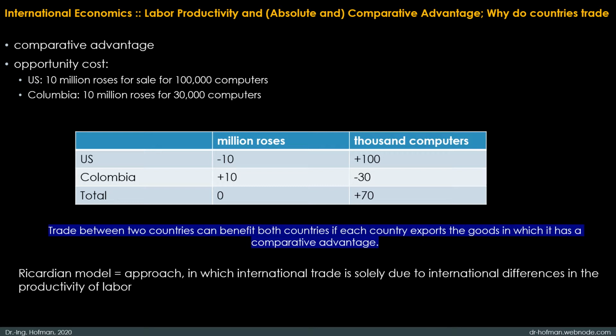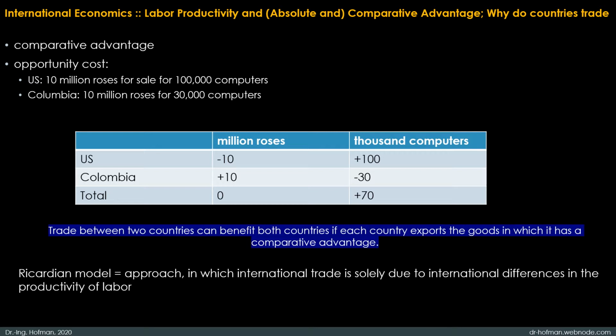Those 10 million Valentine's Day roses could instead have been grown in Colombia. It seems extremely likely that the opportunity cost of these roses in terms of computers would be less than it would be in the United States. For one thing, it is a lot easier to grow February roses in the southern hemisphere, where it is summer in February rather than winter.